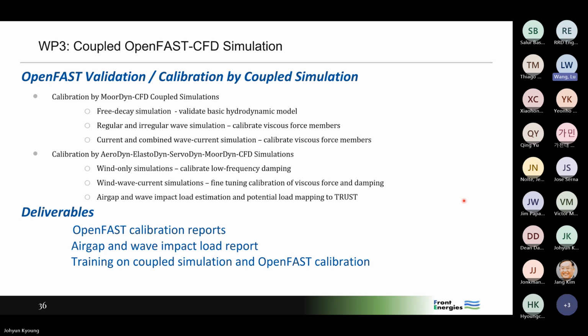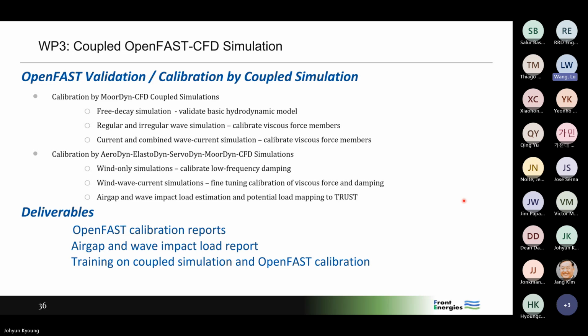In the second step, we will conduct more complicated coupled OpenFAST CFD simulations for several load cases with tower and blade flexibilities, aerodynamics, controller, etc. These results will be compared to those from the equivalent OpenFAST-only simulations with the hydrodynamic model tuned in the previous step. This comparison really serves 2 purposes.